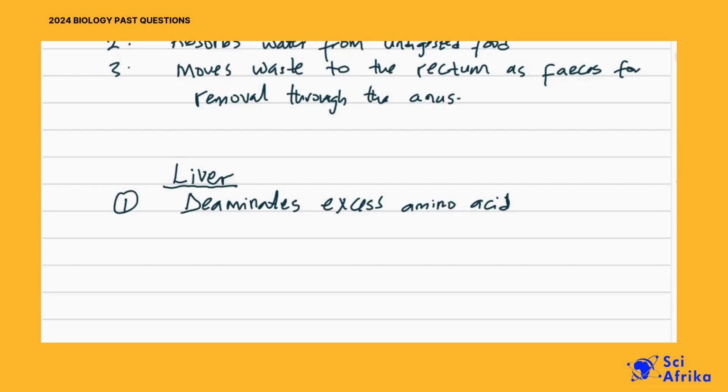So we have it deaminated in the liver. At the same time, the liver also plays another role, which is production of bile for emulsification of fats.